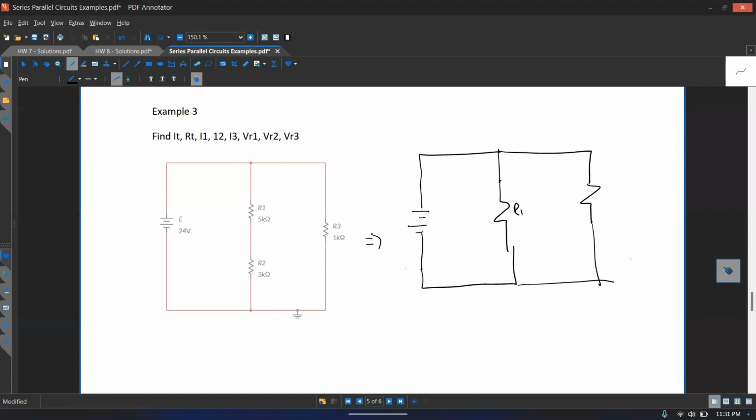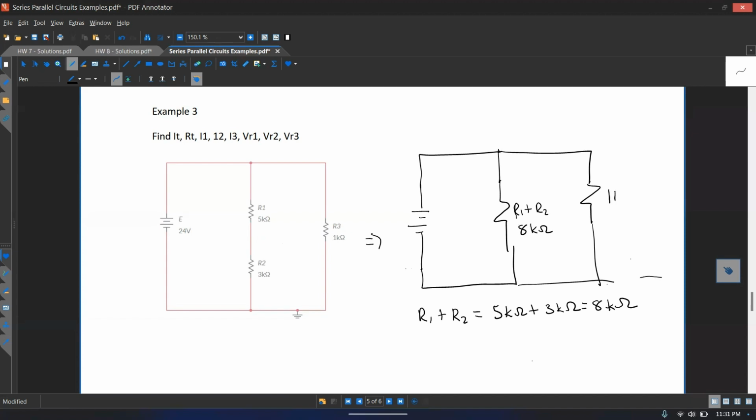So this is going to be R1 plus R2 equals 5 kilo ohms plus 3 kilo ohms, which equals 8 kilo ohms.